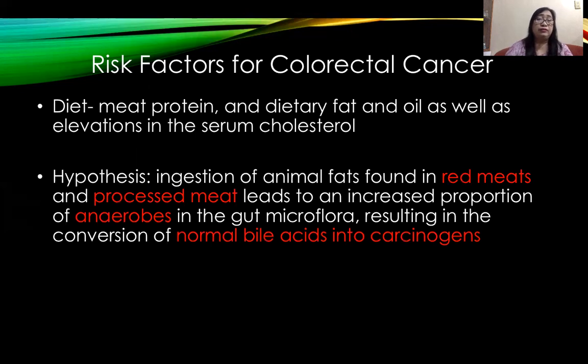An ingestion of your animal fats found in red meats and processed meats, such as your longanisa, your tocino, your tapa, leads to an increased proportion of anaerobes in the gut microflora. This results in the conversion of your normal bile acids into carcinogens. So that's the hypothesis in the development of cancer among diets rich in fats.